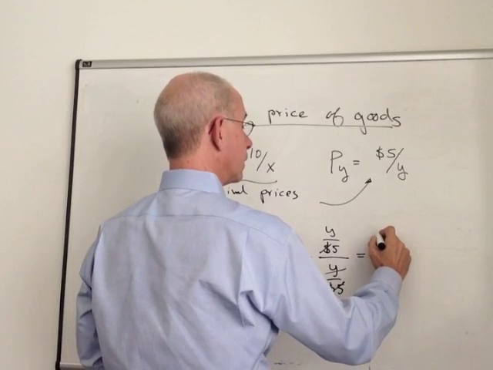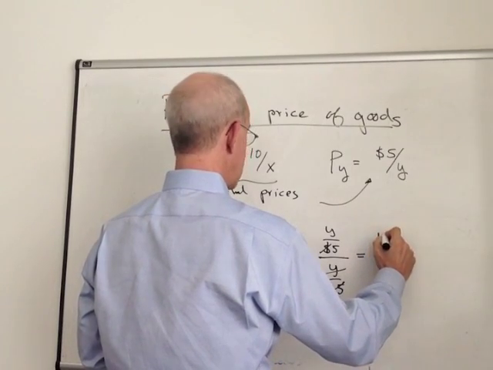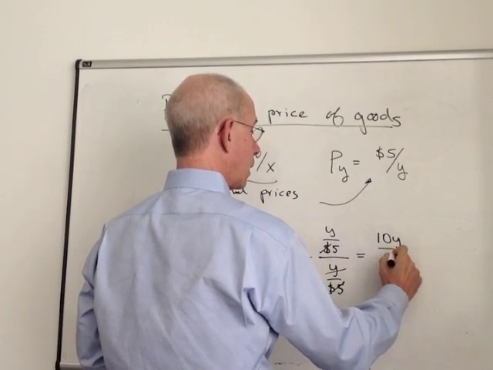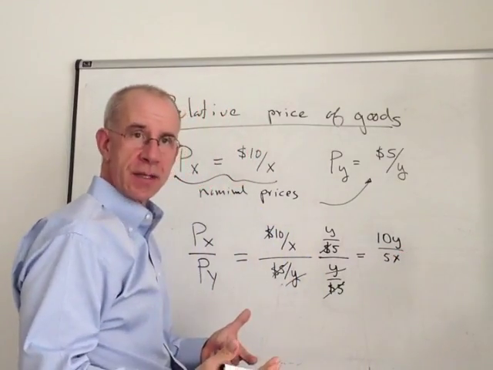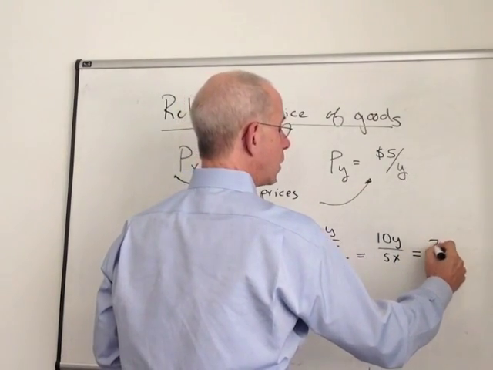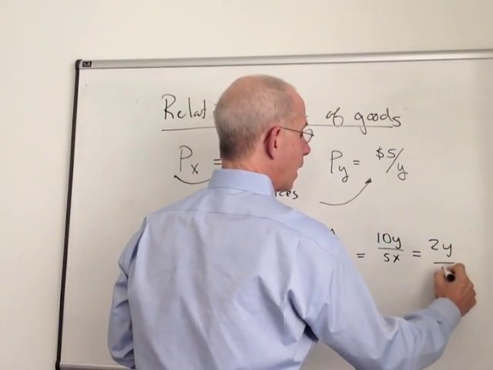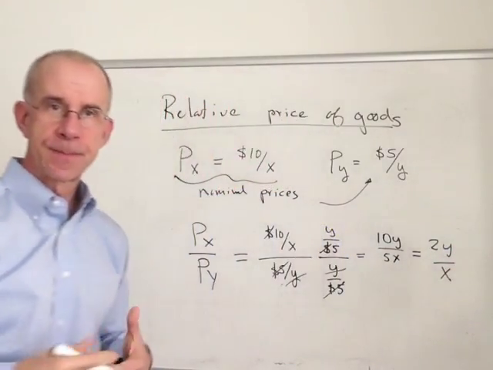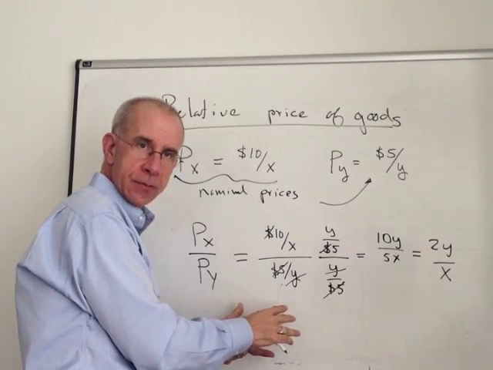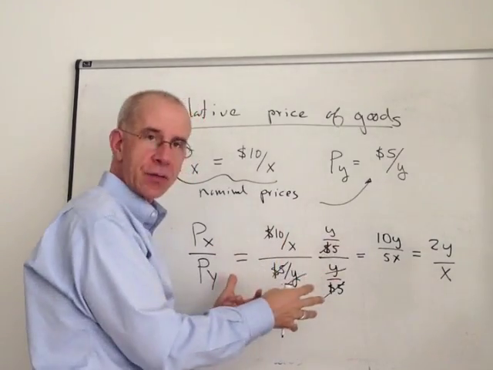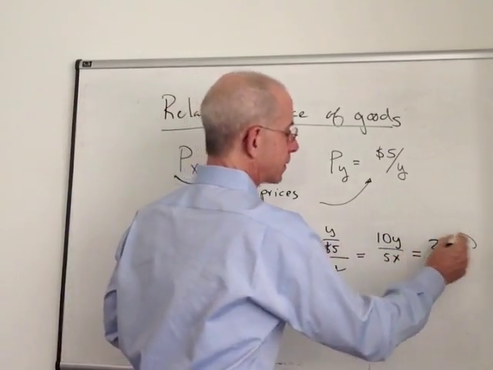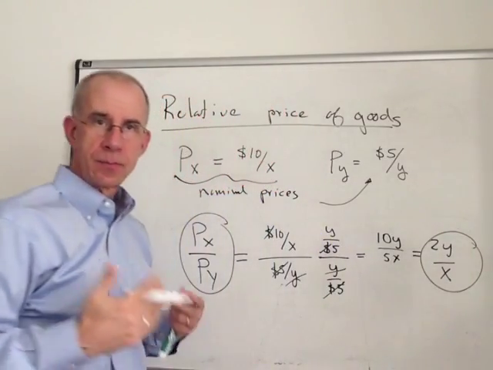So what we're left with is 10Y over 5X, just in terms of the algebra, which is equal to 2Y for every X. So if you plug in these numbers and go through the algebra, what you are left with is that the relative price of X is 2Y per X.